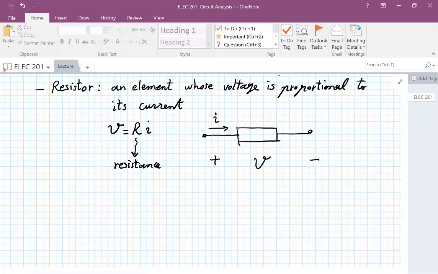Now, what is current, by the way? What is the definition of current? Does anyone know? So let's make an analogy. If we thought about water flowing in a river, and I asked you to measure the flow rate of water in the river, what would the unit be of the flow rate?